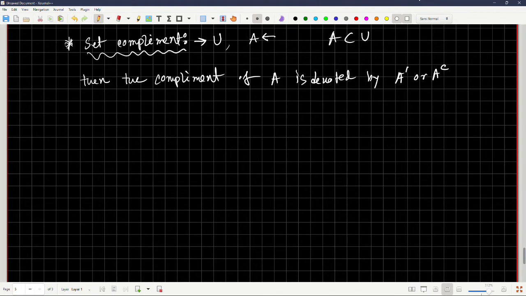You can use either. I'll go for A prime for now, but maybe sometimes I'll use A^C. So this C means complement. Okay, it's denoted by this and defined by the following.